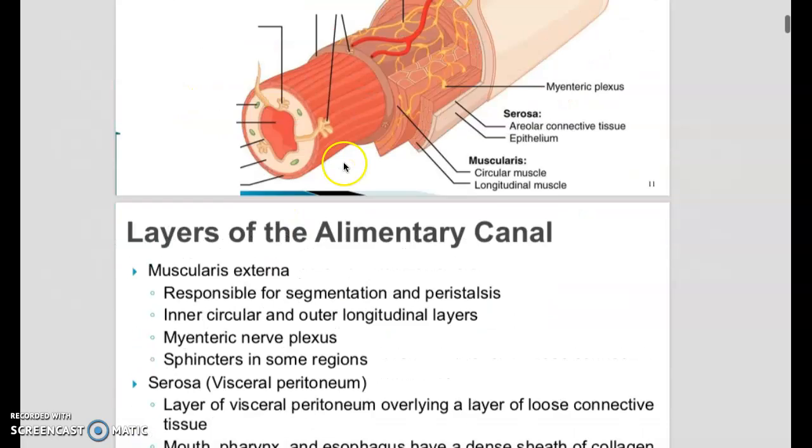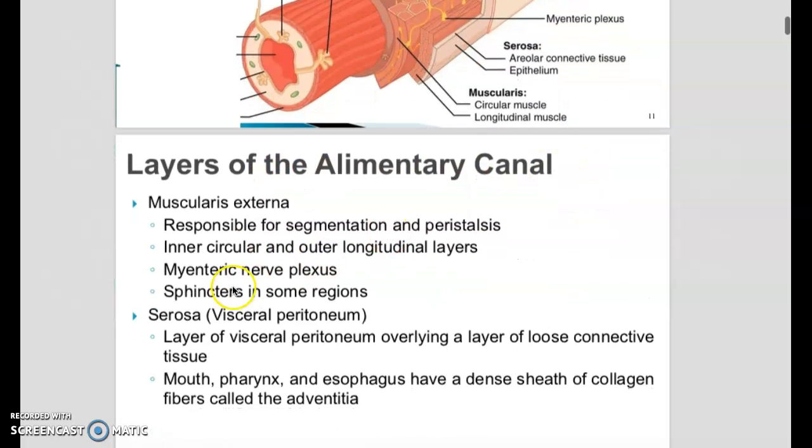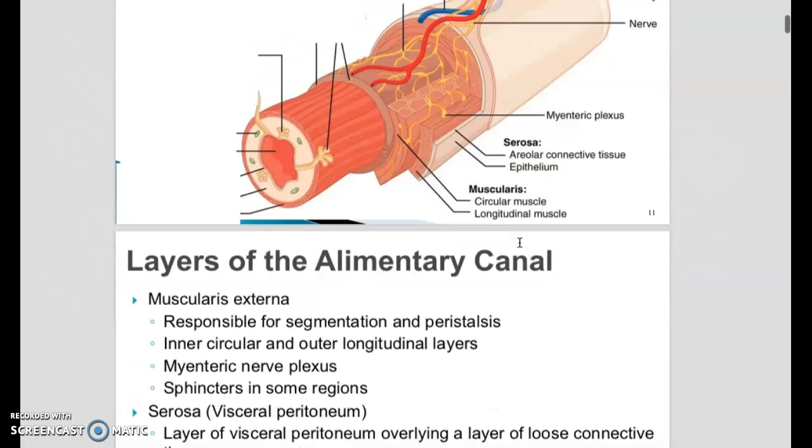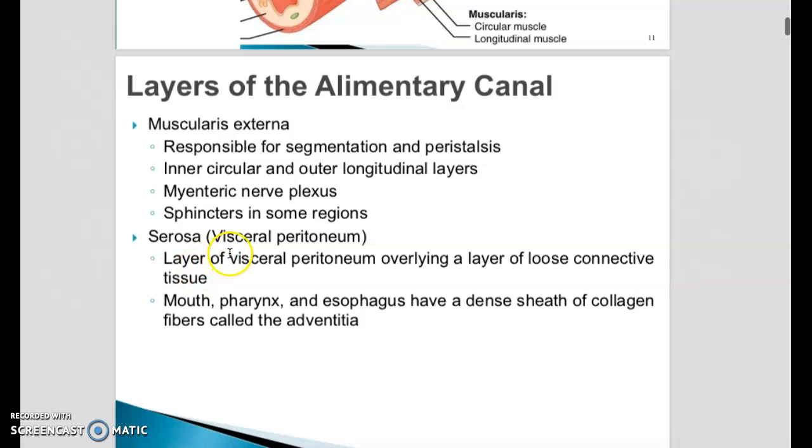The muscularis externa is responsible for segmentation and peristalsis, with inner circular and outer longitudinal layers. The myenteric nerve plexus is part of it, and the sphincters in some regions. The serosa is a layer of visceral peritoneum overlying a layer of loose connective tissue.